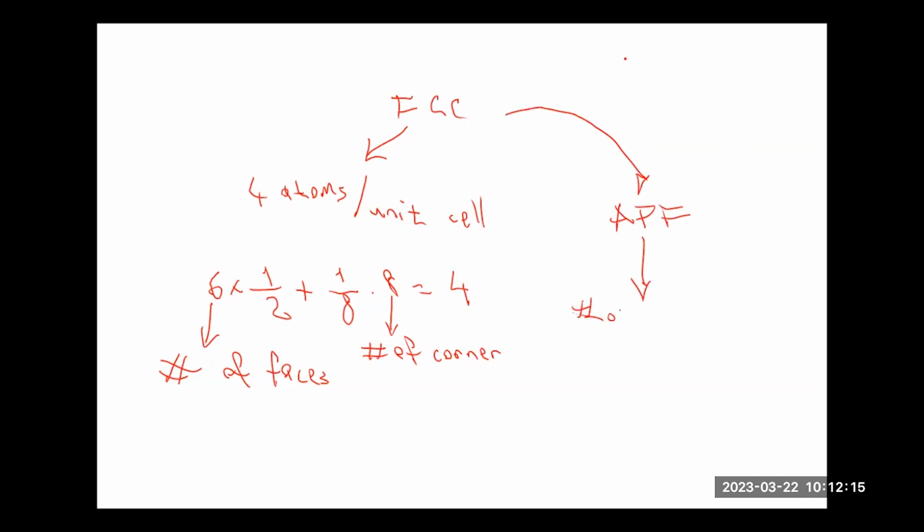I think it is the volume of atoms over the unit cell volume. Perfect. The volume of atoms over the volume of unit cell, which is the number of atoms per unit cell times the volume of atoms, right?